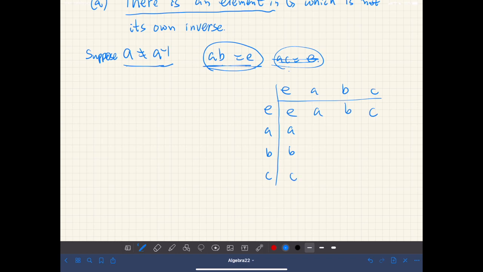AB is equal to E. But B is the inverse of A, so that means BA is also equal to E.